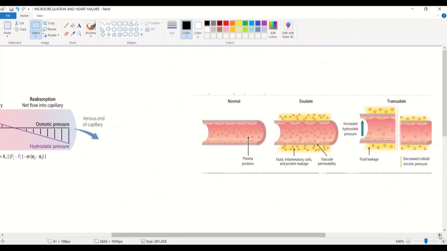So this is again a repetition of the same concept. This is a normal capillary, right? This is a protein, and this protein gives rise to oncotic pressure, and fluid gives rise to hydrostatic pressure.